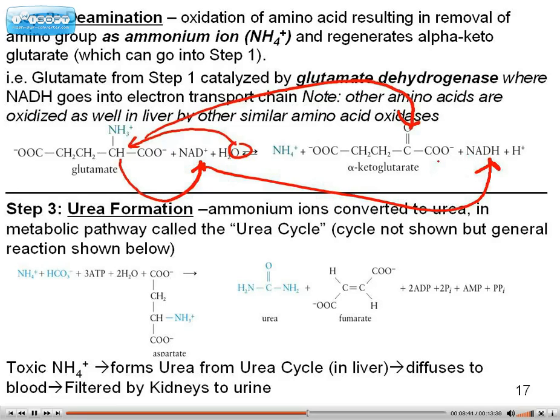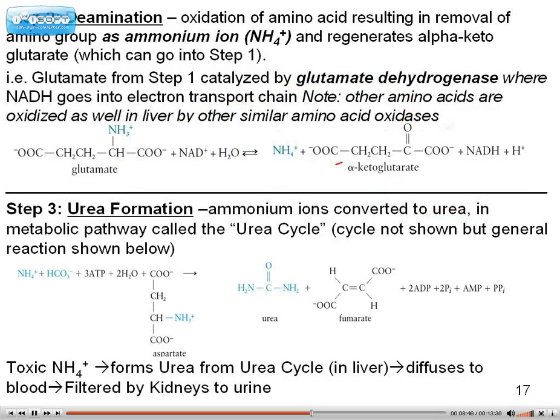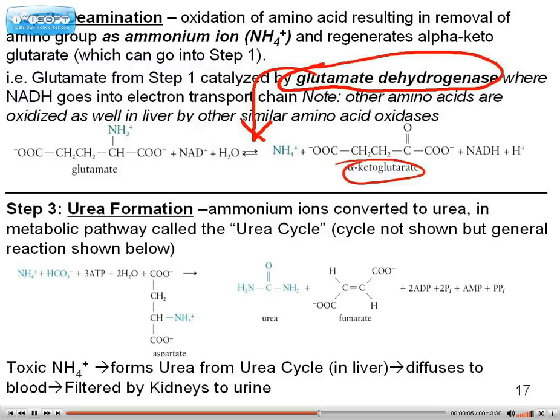And then you have a leftover hydrogen from the other hydrogen from the water molecule. It finally leaves alpha-ketoglutarate, and make sure you understand that in this process it's going to be catalyzed by the enzyme glutamate dehydrogenase. Cool stuff.